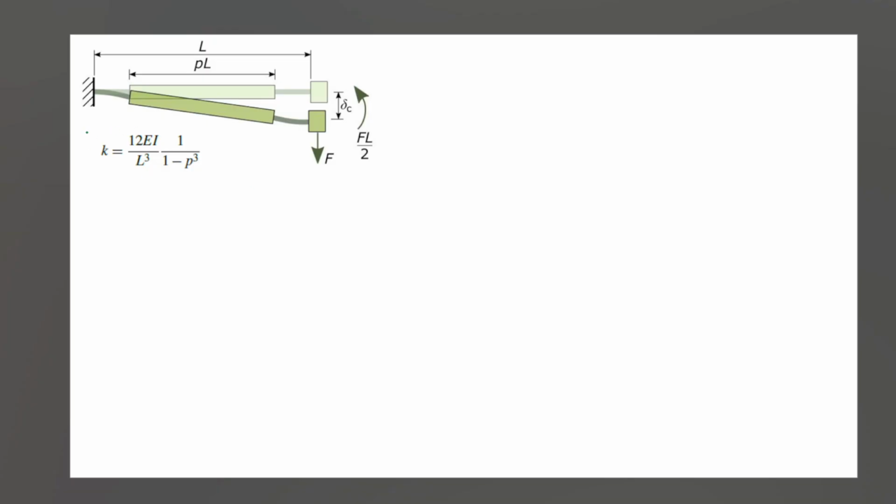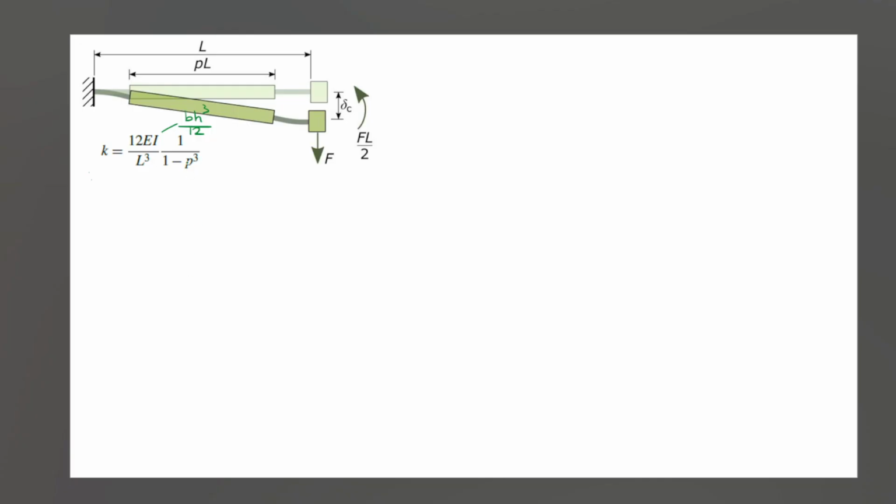You can find it in the back of your book. So we have 12 EI over L to the third times 1 over 1 minus P to the third. Where of course the P is again that value for the reinforcement, and in that I we've got BH to the third again over 12.